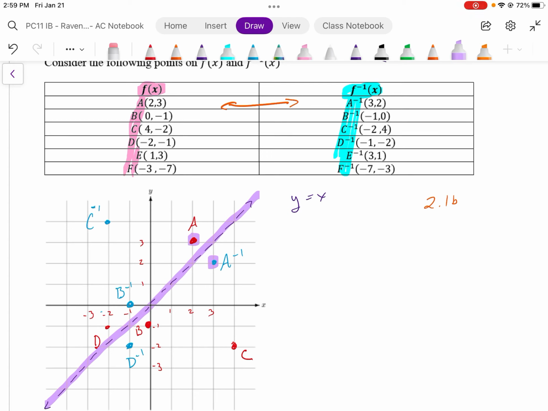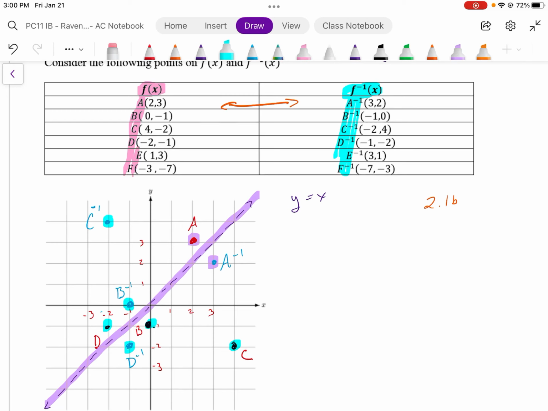If you don't believe me, just tilt your head 45 degrees, and if you reflect A, it goes into A inverse. If you reflect A inverse, it'll go back to A. Well, same with B. Same with C. D as well. So really, we've hit two themes.